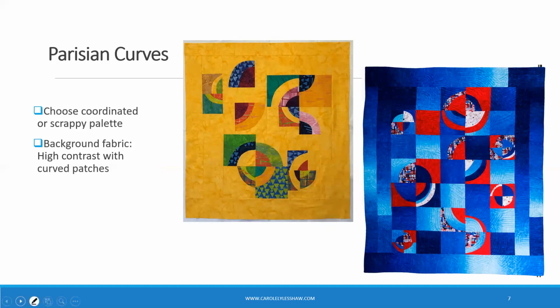Now, there's another option for the curved blocks and the fabrics, and that's in this second quilt, which is more of a patriotic colorway, red, white, and blue, basically. And yet this quilt is, I think, pretty interesting because I used a blue ombre fabric as my background fabric. Just like I used yellow in the first quilt, this one has blue. And this ombre, you can see in this bottom border, goes from dark, dark blue to a very, very pale blue.